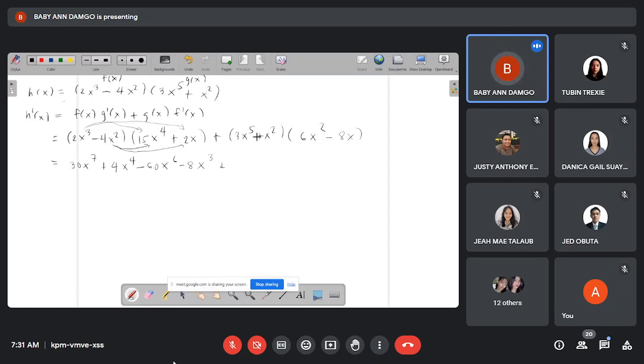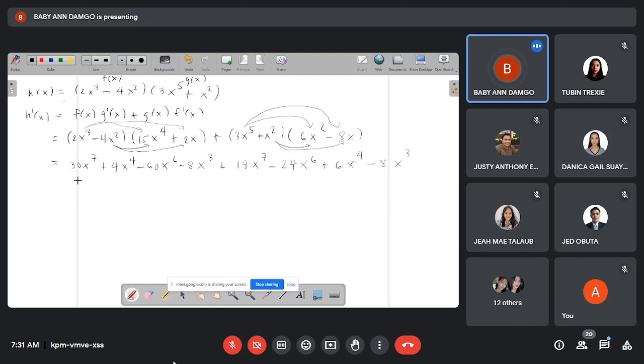So plus, this one is 18x to the 7, minus 24x to the 6, plus 6x to the 4th, plus minus 8x cubed.